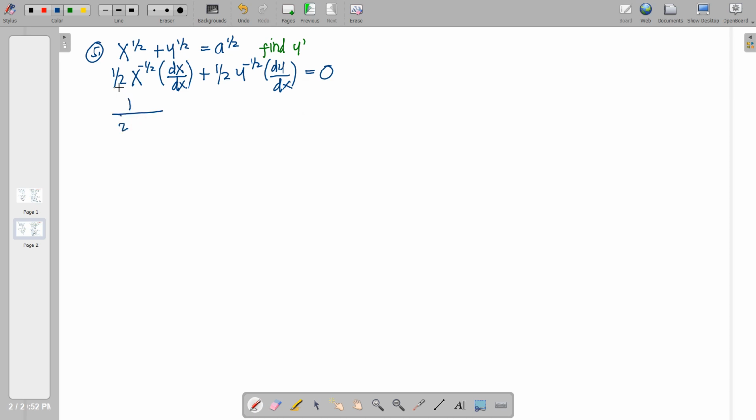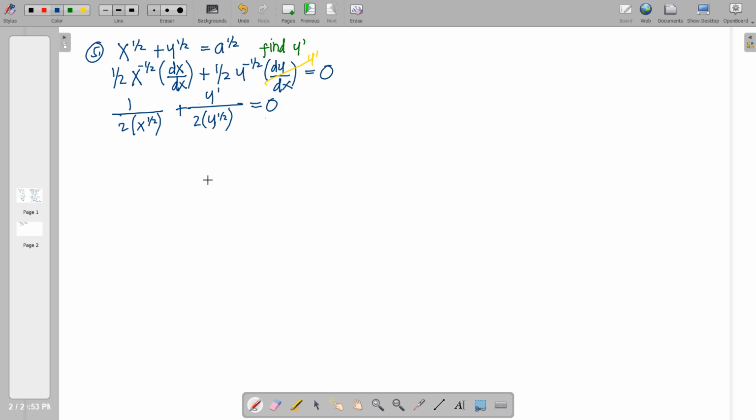We copy here the constant 1/2, then we reciprocate the variable with negative exponent, which becomes positive on the denominator. Likewise for the second term, and y prime should be placed at the numerator, this y prime. The right hand side will remain.